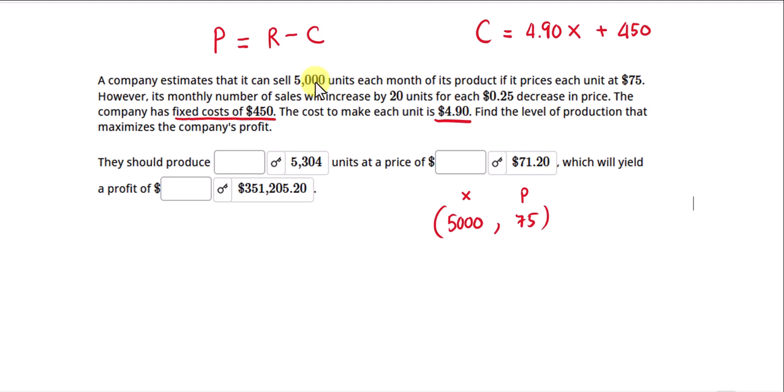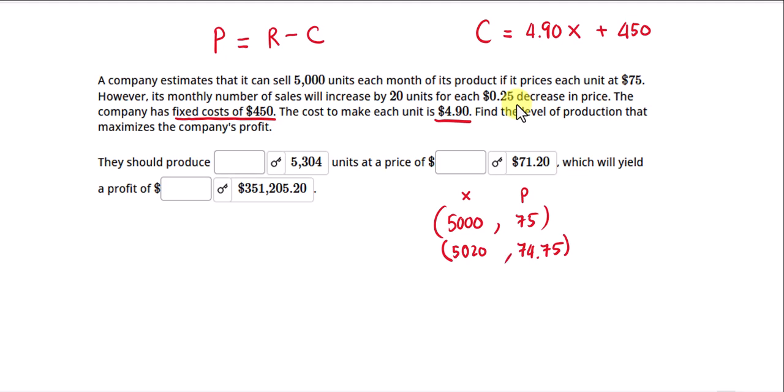Now every time that you decrease the price by 25 cents, so let's say the first time that I decrease the price by 25 cents, I would have $74.75, right? You take $75, you minus 0.25, you get $74.75. Then you get another extra 20 more units from 5,000. That is 5,020, right? That is the first point you get.